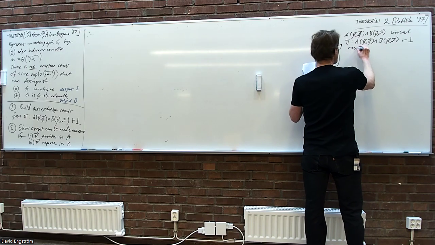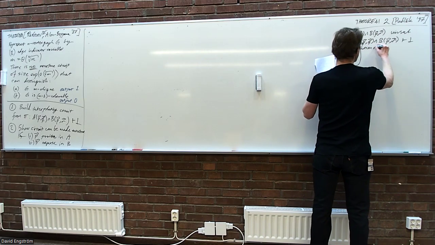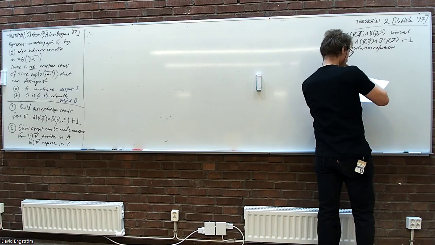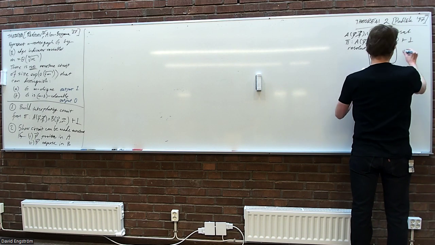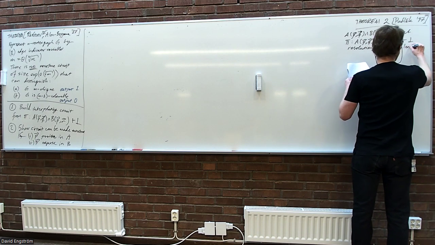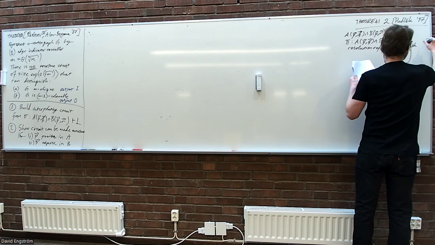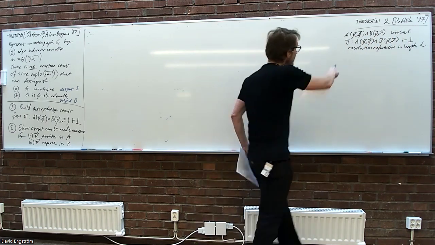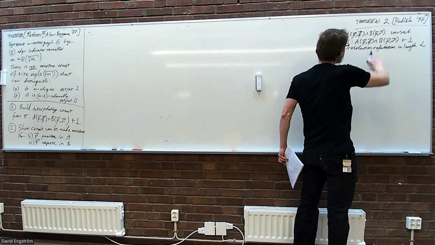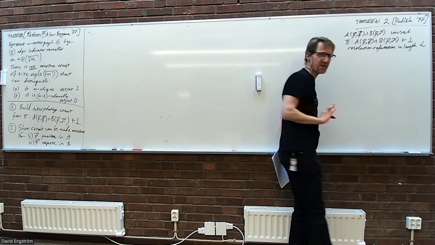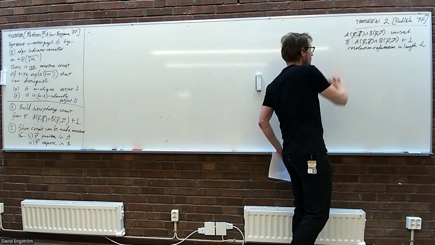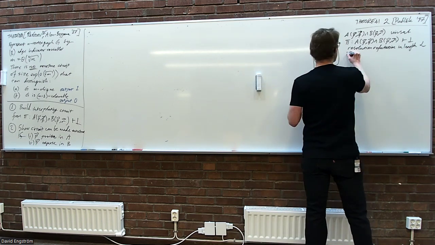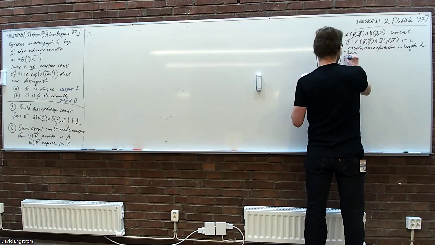So this is a resolution refutation, in length, so number of clauses, capital L. Okay. So suppose again A and B is an unsatisfiable formula, P, Q, R are disjoint sets of variables, pi is a resolution refutation. Then the following holds.